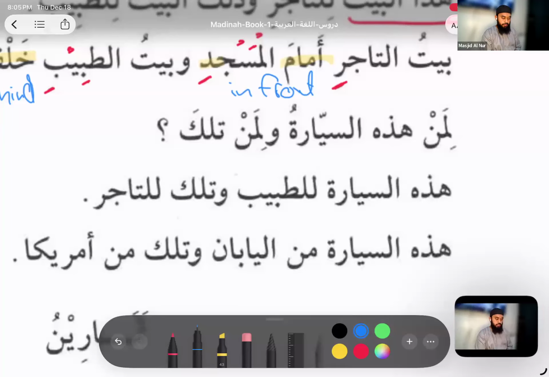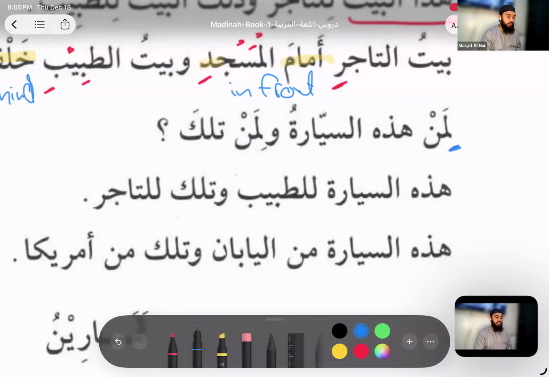It's a little confusing, the positioning of the vowels. You might say la. The lam is actually for the kasra over here, guys. Liman. So you made one mistake, Brother Safat. You said hadihil sayyaratu. No. The sin is a huruf shamsiya. So you have to say hadihis sayyaratu. You can't say al.